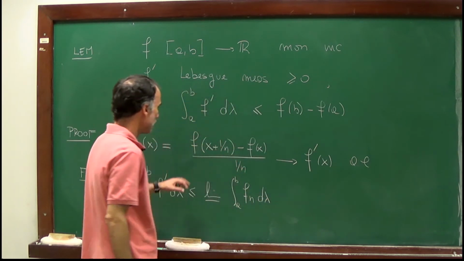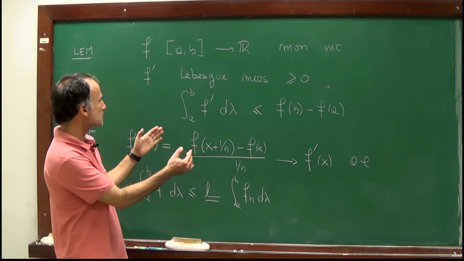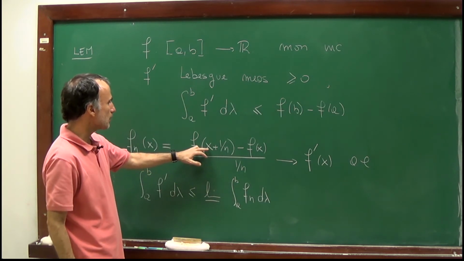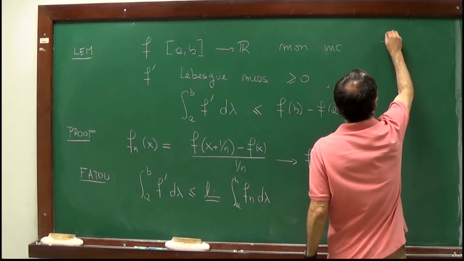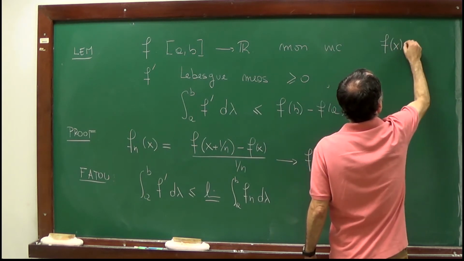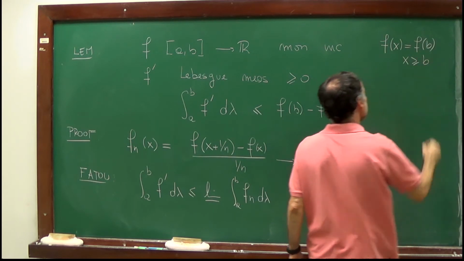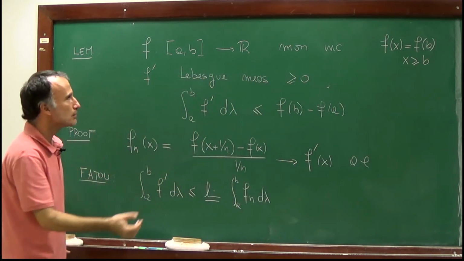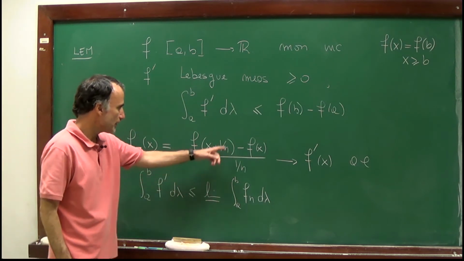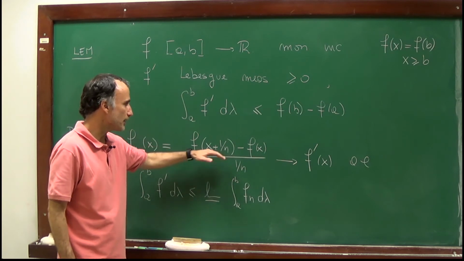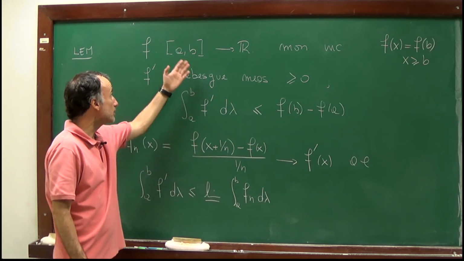Of course, here I need to define f on a slightly larger interval because f(b plus 1 over n) is not defined. So let's define f as f(b) for x larger than b. Let me extend the definition of f. It's still a monotone increasing function with that definition, and now this expression is well defined for x equal to b, and for any x in the interval [a, b].